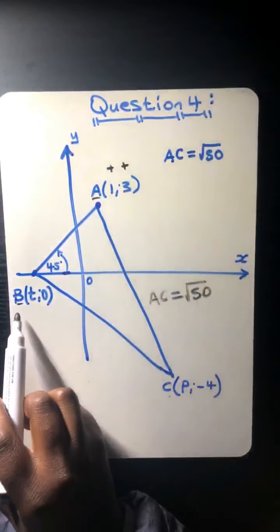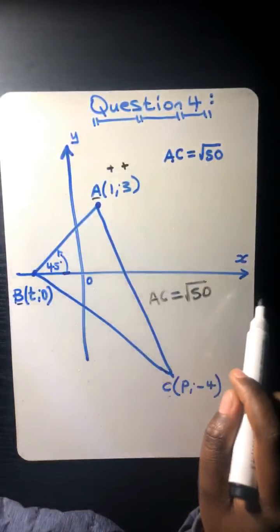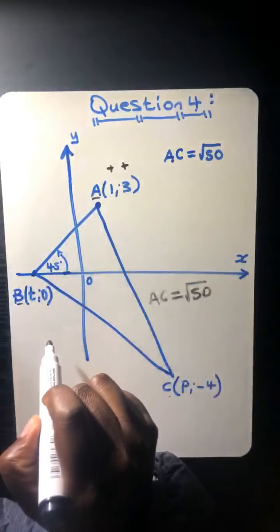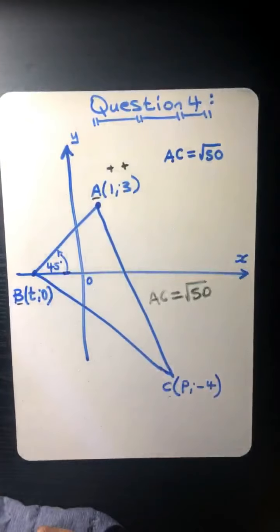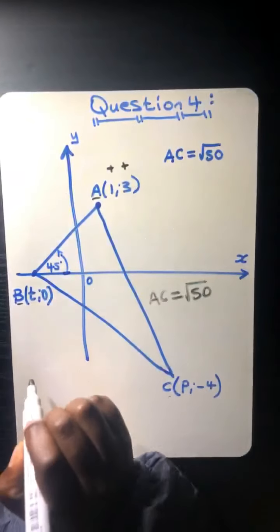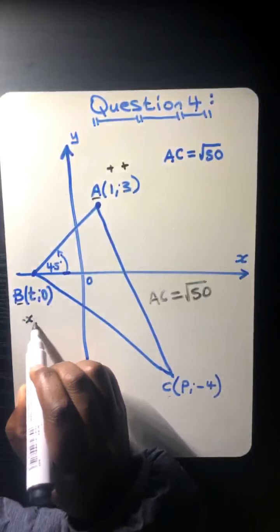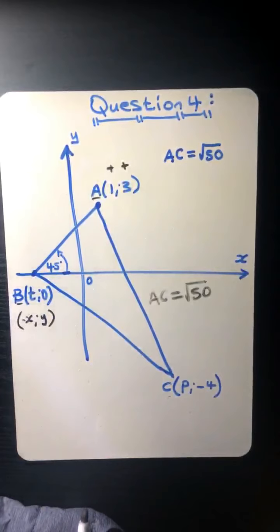Let's see. Can you see this point? It lies along the x-axis, which obviously means y equals 0. But now t, representing the x value, is actually on the negative side of the x-axis.